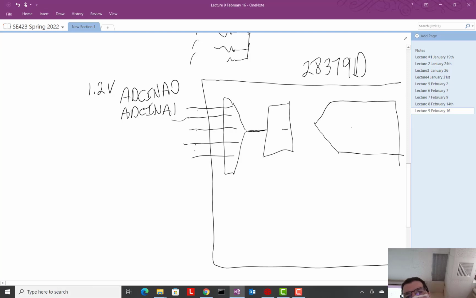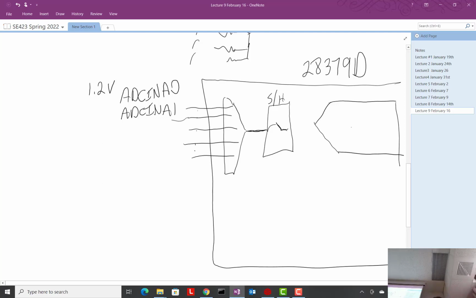Most of the time this switch is closed, allowing the voltage you want to sample, whatever that ADC voltage is, to come into the sample and hold. But when you tell it to convert, that switch opens up, and the job of the sample and hold is to hold the voltage at that value until the conversion is done. Does that make some sense? Because that conversion takes some time. It's really fast, but it does take some time.